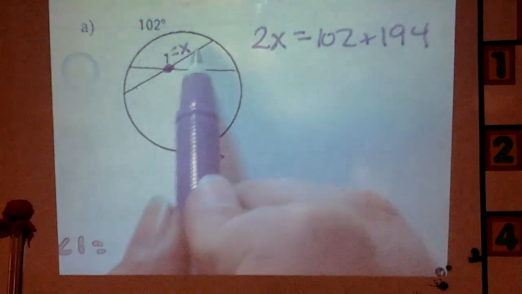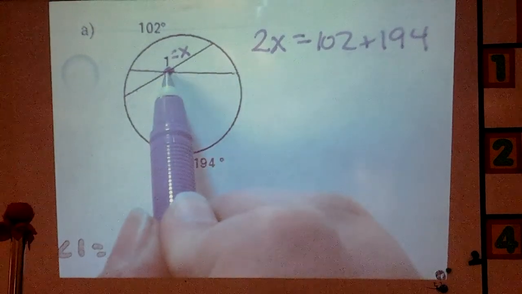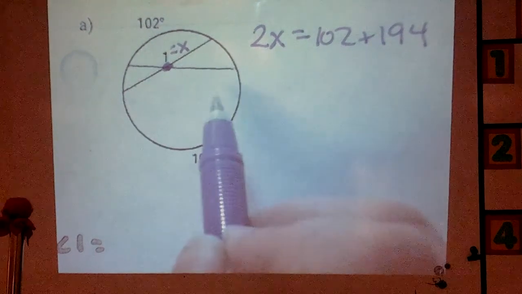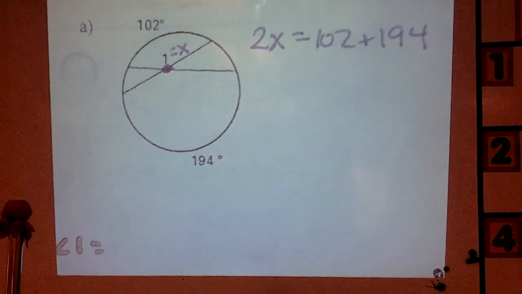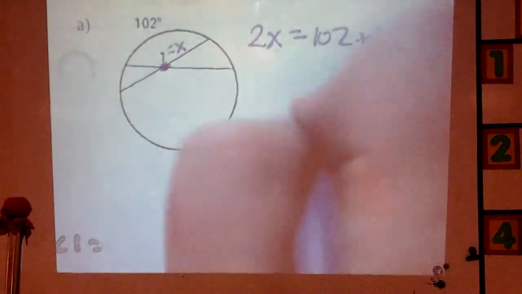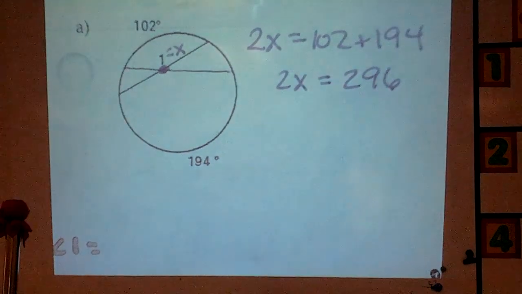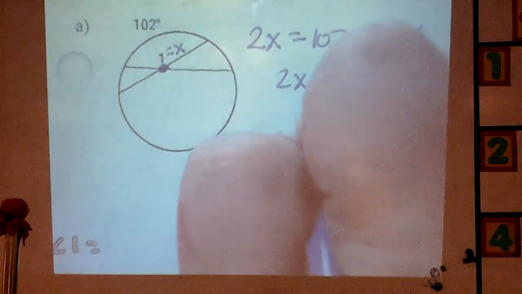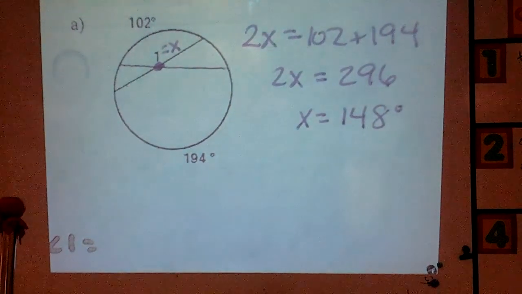So once again, since these are called secant angles, since they're intersecting inside the circle, I add the two intercepted arcs, and then I'm going to end up dividing by 2. So 102 plus 194 is 296. And I divide by 2, and I get 148 degrees.